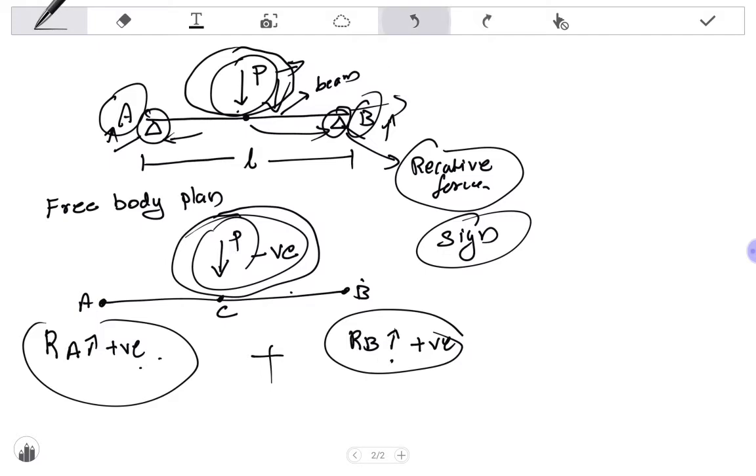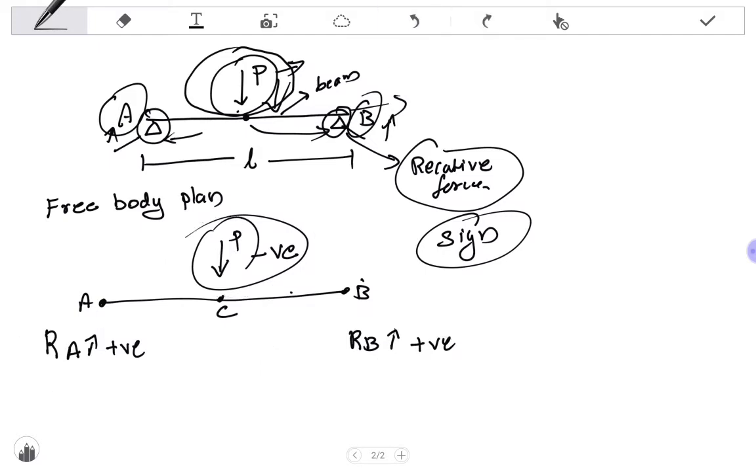Okay, so we can say the sum of reactive forces is equal to the downward forces. I hope till now you guys understood. When we write all these forces in the form of an equation, what are the reactive forces here?